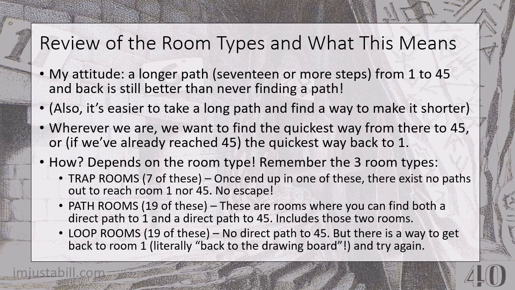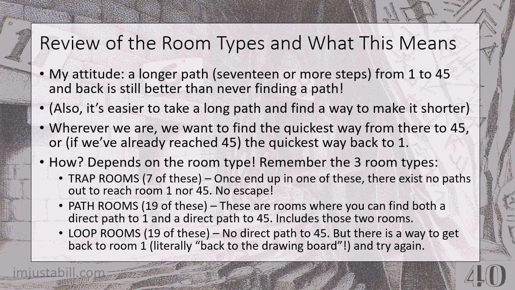Well, my attitude is this. A longer path, 17 or more steps, from 1 to 45 and back, is still better than never finding a path, never finding your way to 45, let alone back. Also, once you do find a long path between 1 and 45, usually you've found most of the shortest path.